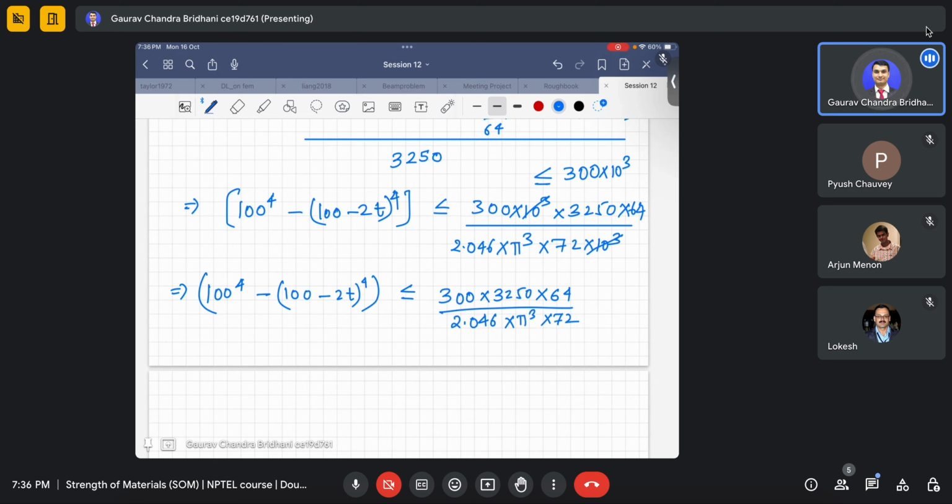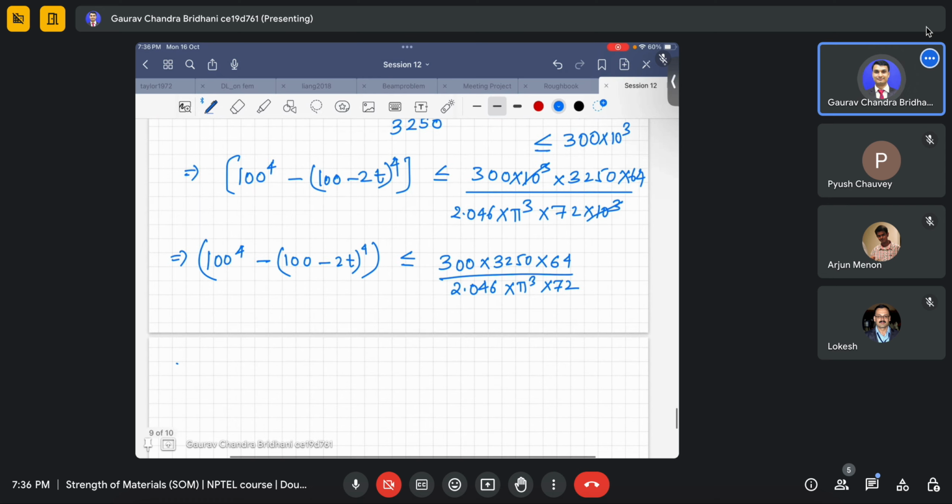So just first find the right hand side, or you find this quantity directly. I have a negative sign, so I'll change accordingly. 300 into 3250 into 64 divided by 2.046 into pi cube into 72 should be greater than or equal to (100 minus 2t) power 4.